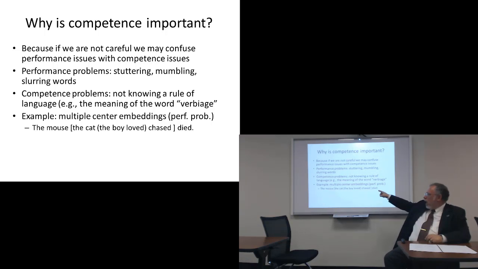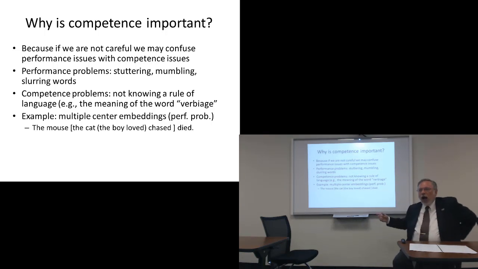Because once you diagram the sentence like this, you can see and you say, oh yeah, I understand what it is. But if you don't see it diagrammed, if you don't get the explanation that I just gave you, you may not be able to get it. So again, there's nothing ungrammatical or wrong about this sentence. It's just that your brain is too small to process it. That's a performance problem, not a competence problem.